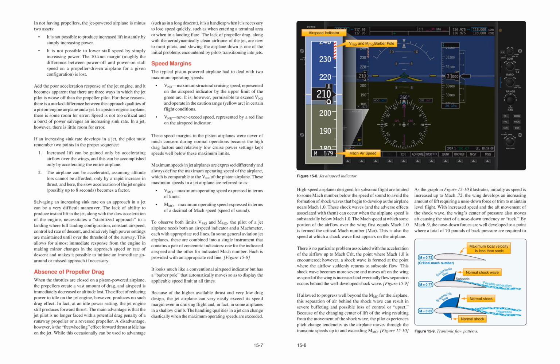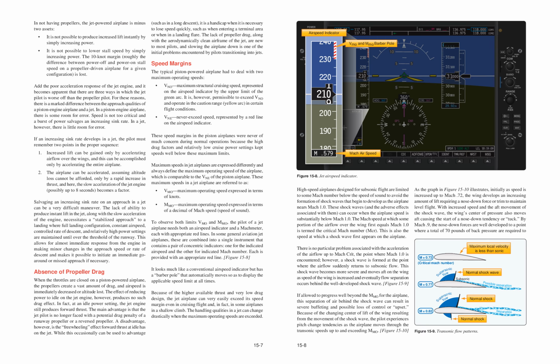Because of the changing center of lift of the wing resulting from the movement of the shock wave, the pilot experiences pitch change tendencies as the airplane moves through the transonic speeds up to and exceeding MMO. Figure 15.10. As the graph in Figure 15.10 illustrates, initially as speed is increased up to Mach 0.72, the wing develops an increasing amount of lift, requiring a nose-down force or trim to maintain level flight.